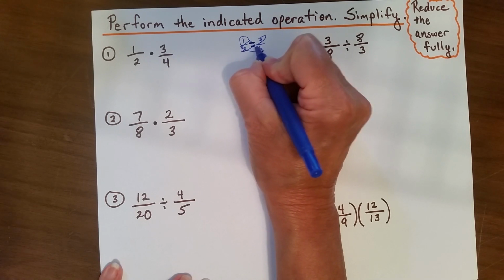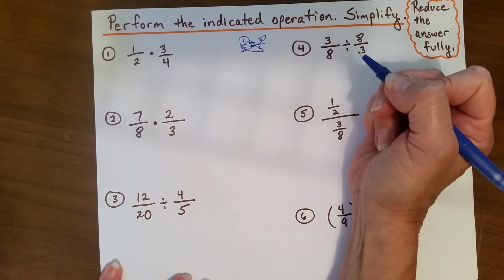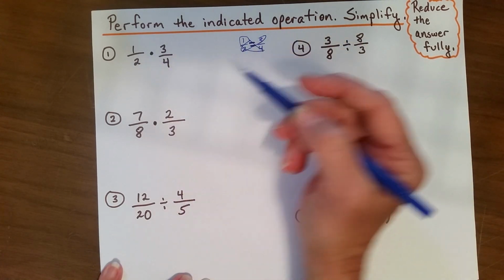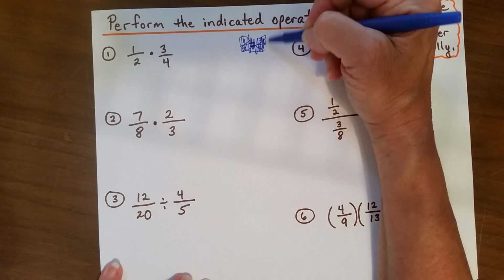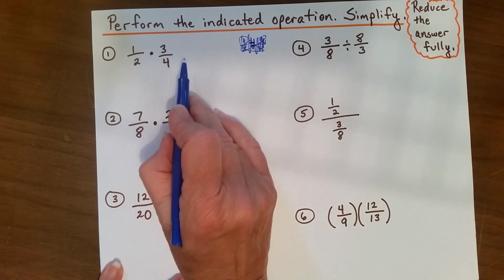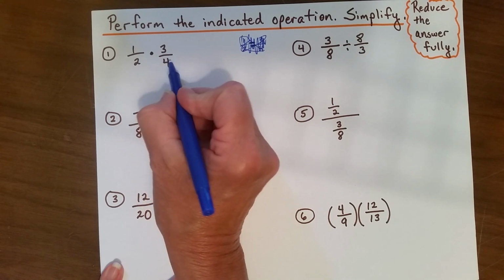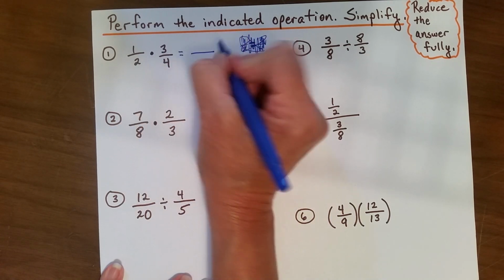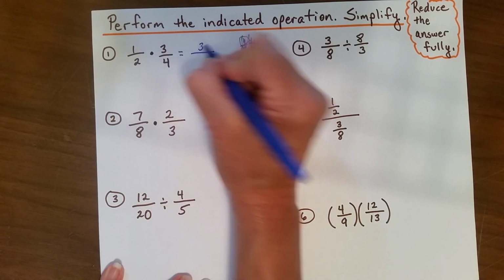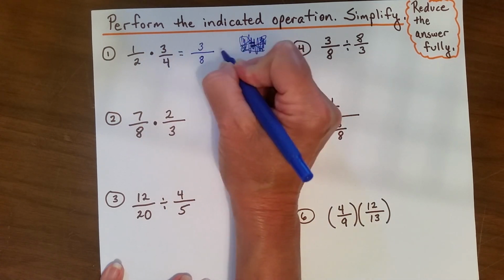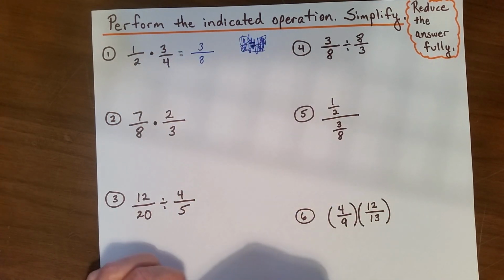That's only when there's an equal sign. Okay, that is not the case here. This is multiplication, so it's not this at all. Okay, when we multiply numerators and multiply denominators, 1 times 3 is 3, 2 times 4 is 8, and that cannot be simplified.